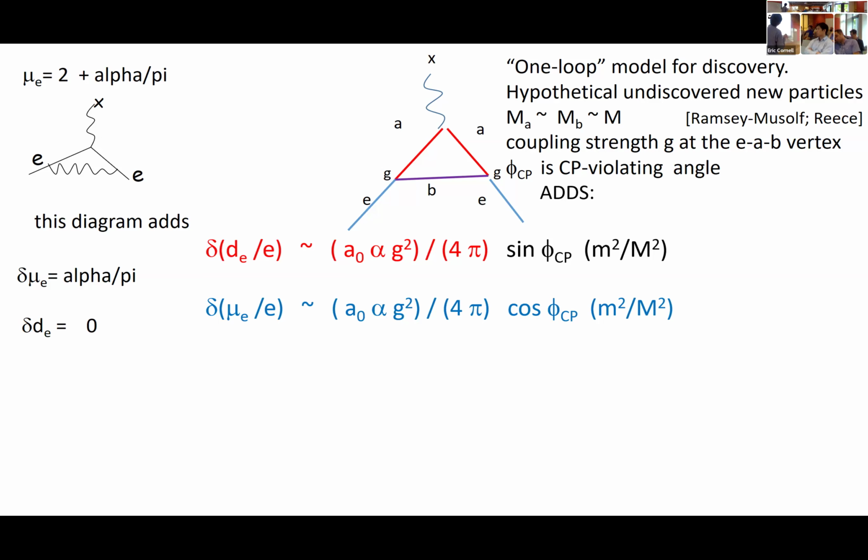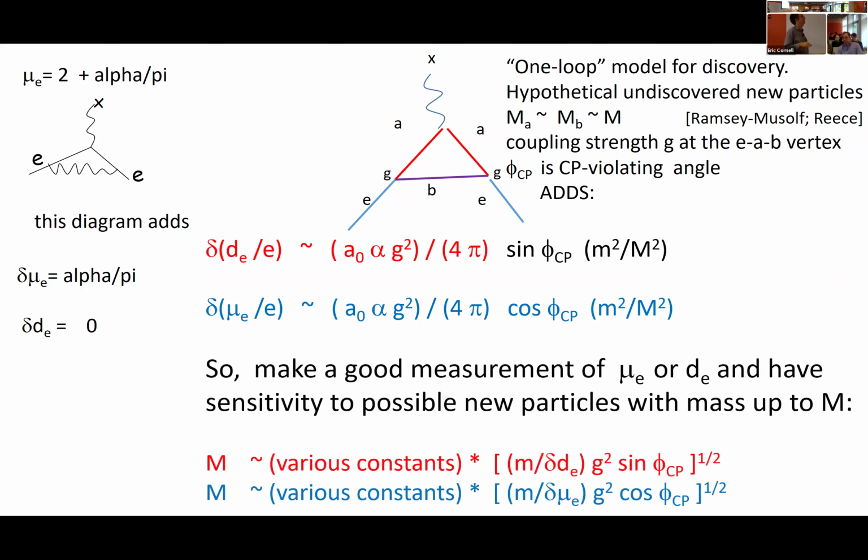In this simplified model, you assume these particles have about the same mass. It turns out not to depend on that very sensitively. The only difference is that one of these things relies on things which are maximally CP violating, one on things which are maximally CP conserving. So there's a cosine and a sine of that angle that comes into it.